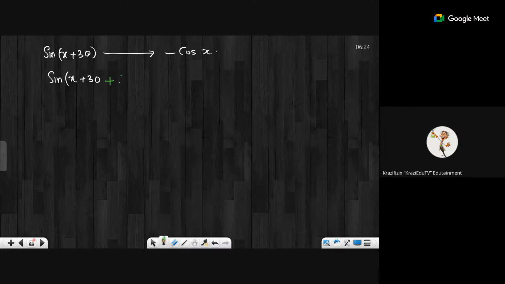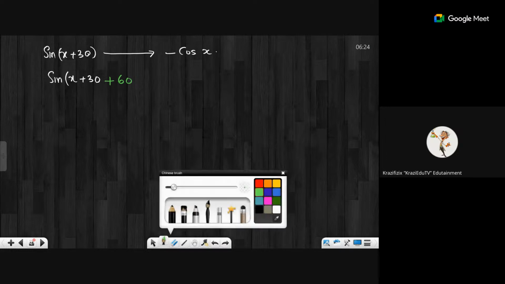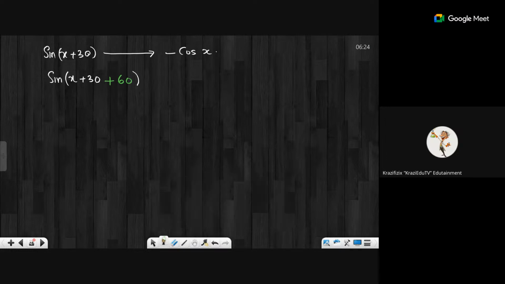Let's add 60 to it. Why am I adding 60? It now becomes sine of x plus 90. We did our first lesson where we're changing this. If you do this, 90 means you should change your trig. And this actually gives you what? Cos x. So by adding 60, I have already arrived at cos.